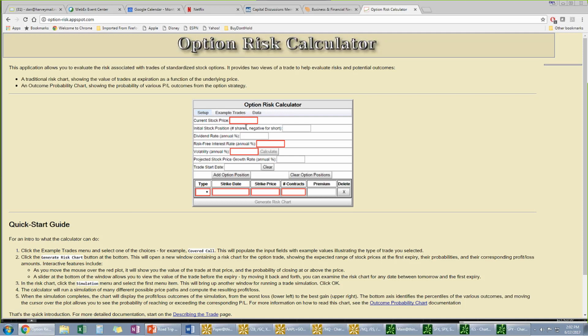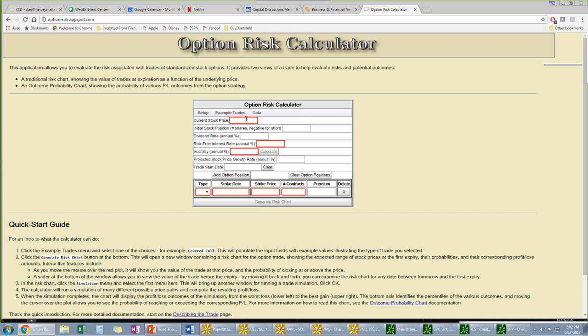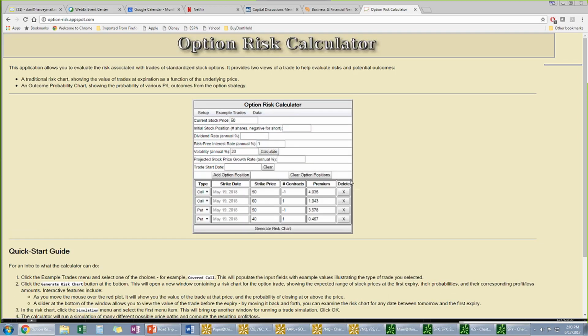I have shifted over now to the live screen. And so when you click over here on the home, this is what's going to come up, and you can try example trades. And so just as an example, let's stick in an iron butterfly. And so this is going to default to these numbers.